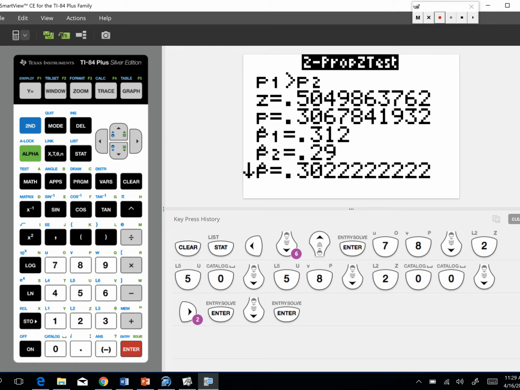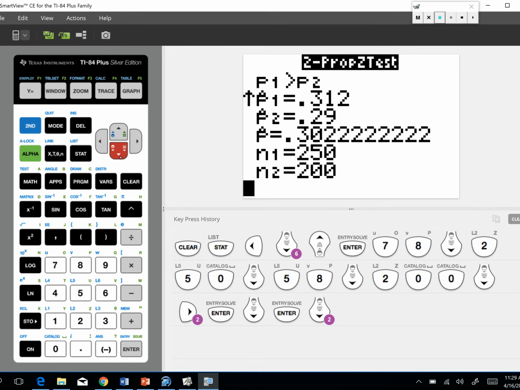The calculator will use all those significant digits to find its p-value. So they will be a little different, and that's okay. That's absolutely fine.